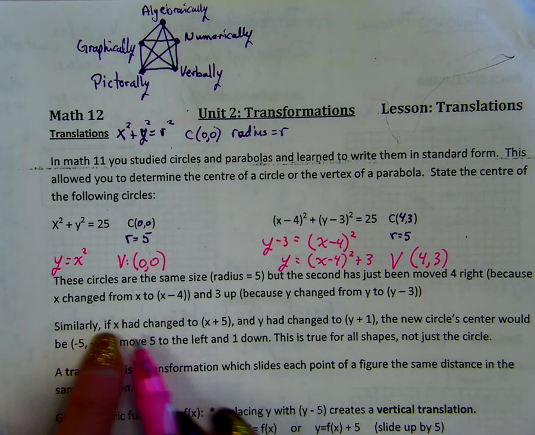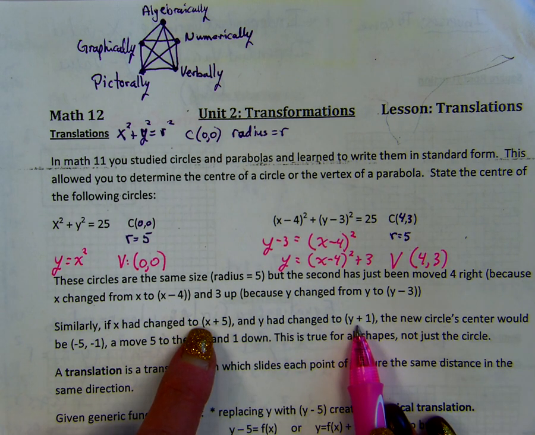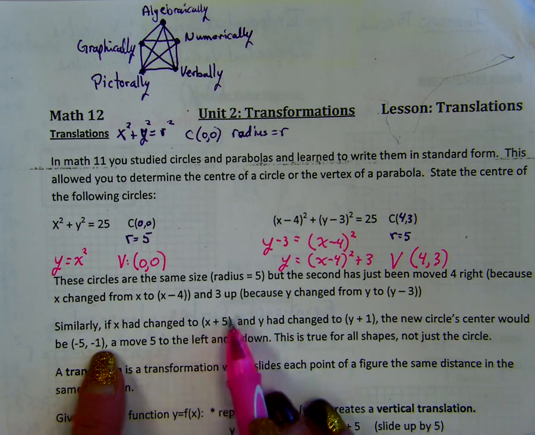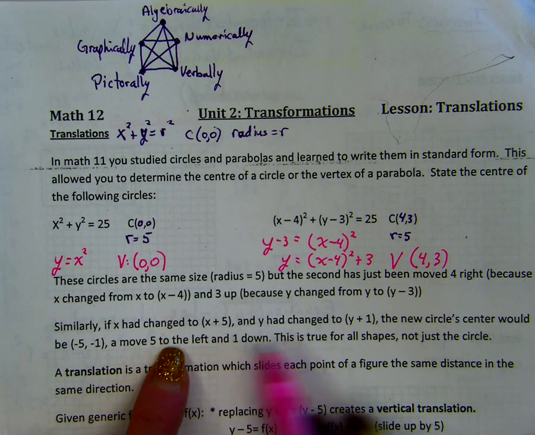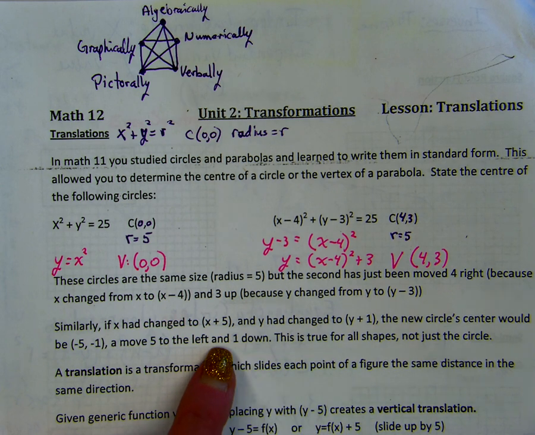Okay, so if x had changed to x plus 5 and y had changed to y plus 1, you would have moved the center to negative 5, negative 1. X plus 5 would have moved it 5 left. Y plus 1 would have moved it 1 down. That's true not just for circles and parabolas, but for every shape. So your whole catalog of basic functions can get shifted using these instructions.